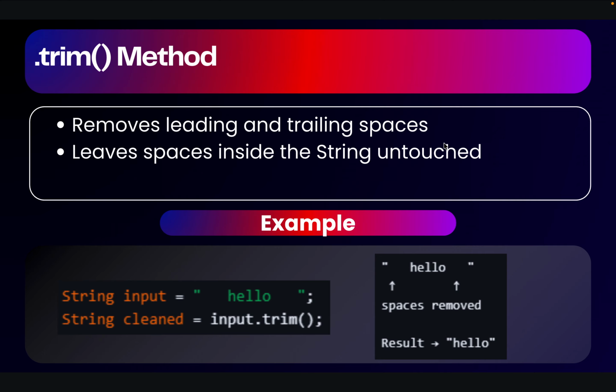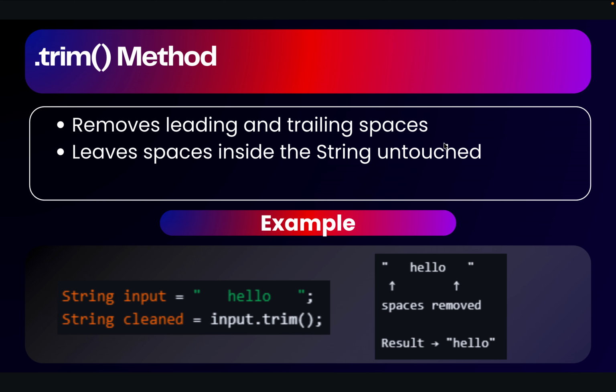So one thing to note is it will actually leave spaces inside of the string untouched, meaning if it's between characters, it's not going to be removed. However, if it is spaces that are before the start of characters or after the characters have ended, it's going to get rid of it.